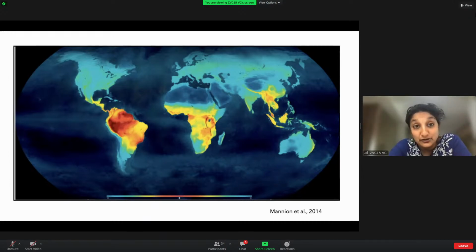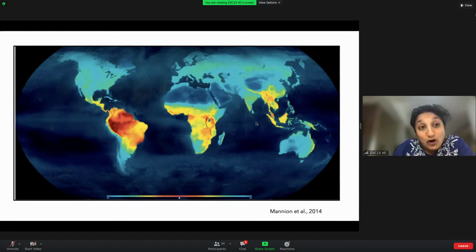We also tend to see high diversity in geological features like mountain ranges. You can see the Himalayas and the Western Ghats are lit up. But also to remind you that species richness, or the number of mammal species, is much higher in Southeast Asia as compared to India. So comparing this map to the earlier one, Southeast Asia was not so lit up in terms of risk of spillover.